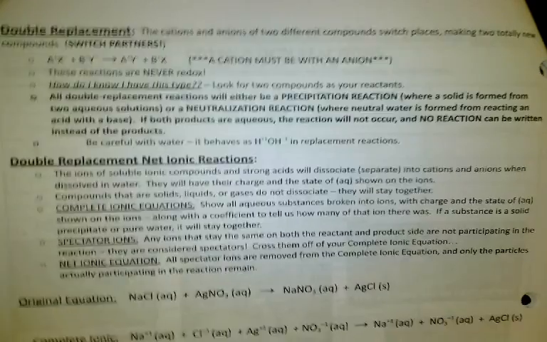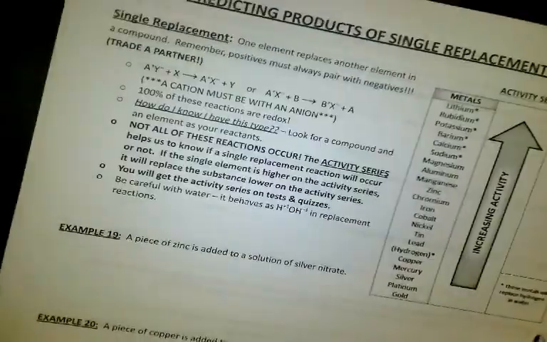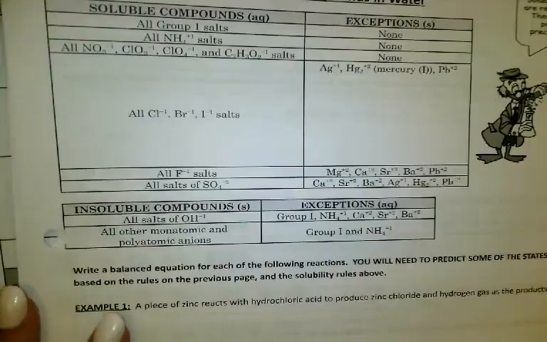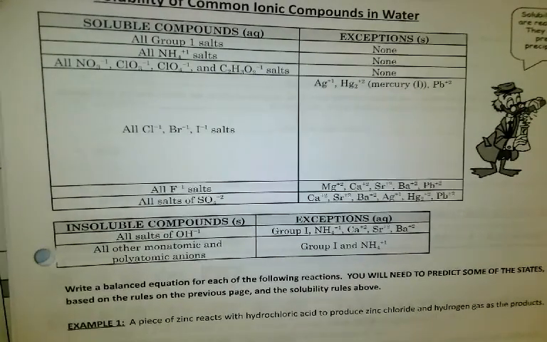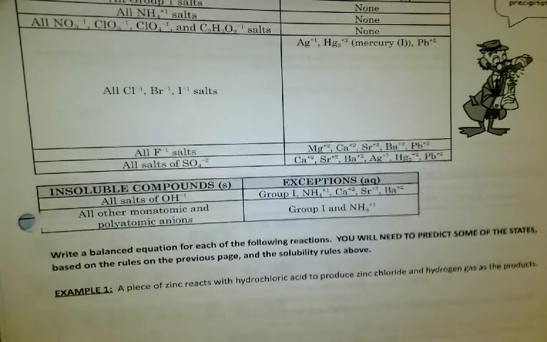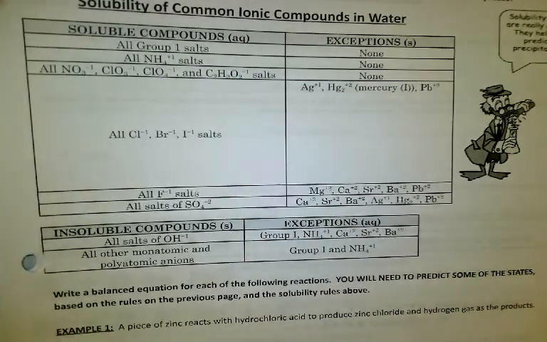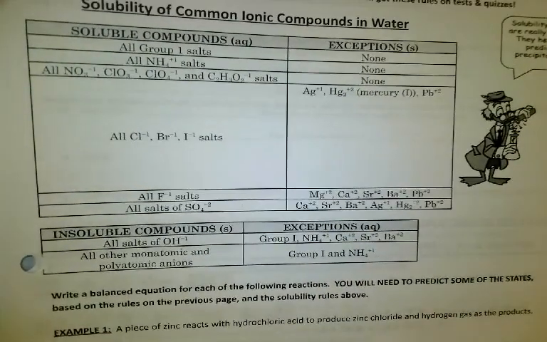So do you remember the solubility rules? If you look on page 3, we have our solubility rules. When we do double replacement reactions, we write a formula equation and use the solubility rules to determine if it's aqueous or a solid.